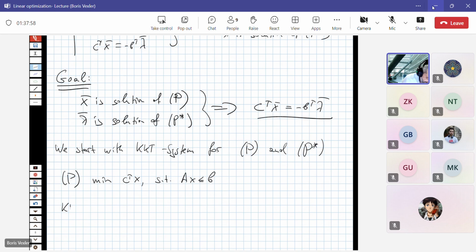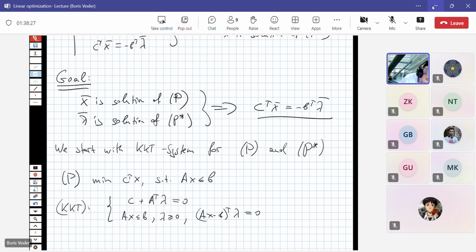And now if you write down the corresponding KKT system, optimality condition, it looks like this: c plus A transposed lambda is equal to 0, and complementarity constraints: Ax less or equal than b, lambda non-negative, and (Ax minus b) transposed lambda is equal to 0.